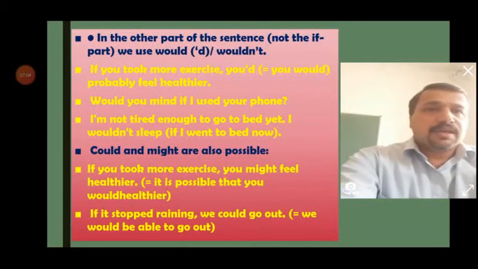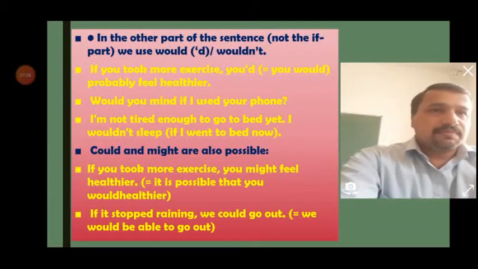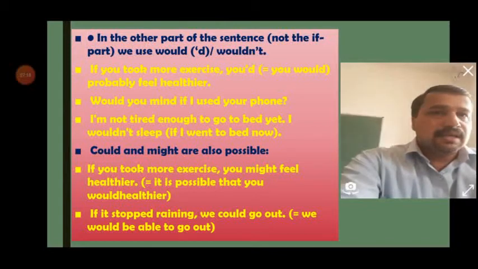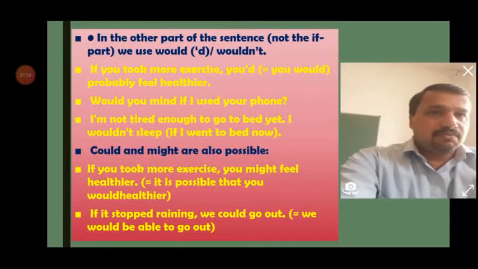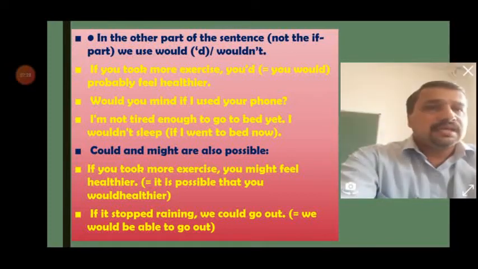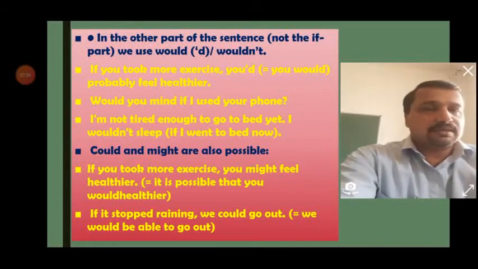Next one, in the other part of the sentence, not the if part, we use would or the short form 'd or wouldn't. If you took more exercise, you would probably feel healthier. Not if you were, but here we add that if you took more exercise.